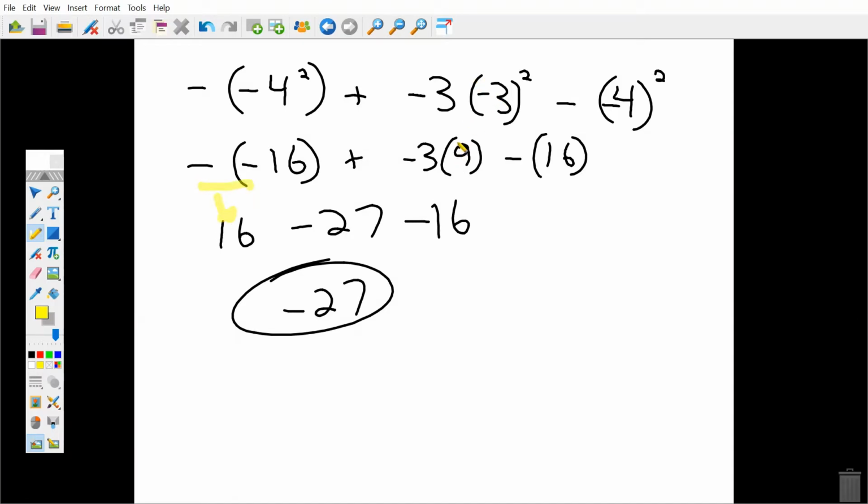We have positive 9 times negative 3 is negative 27. Sorry, this is a positive 16 because the 2 is outside the brackets. And then we've got the minus sign there. So now we've got 16 minus 27 minus 16. The answer is negative 27.